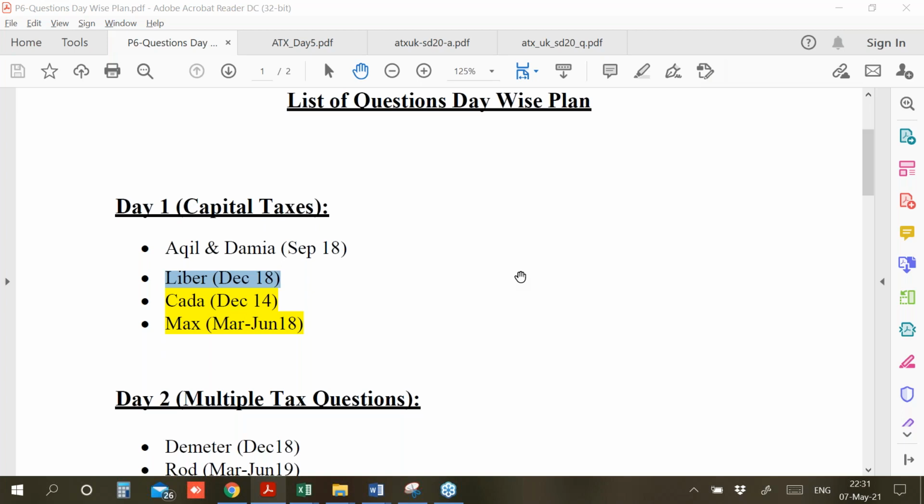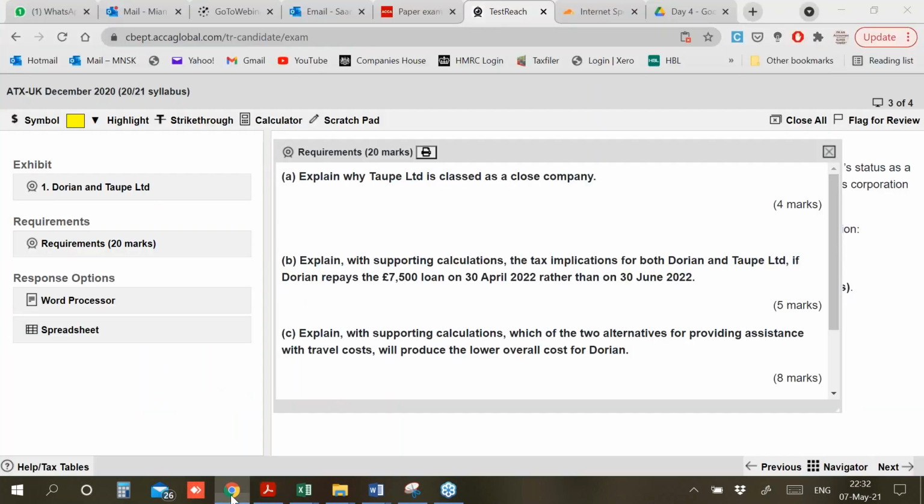Okay, guys, let's start. The last question for today is LIBOR from December 18, and the December 18 paper is available on the CB practice platform. So we'll visit that.